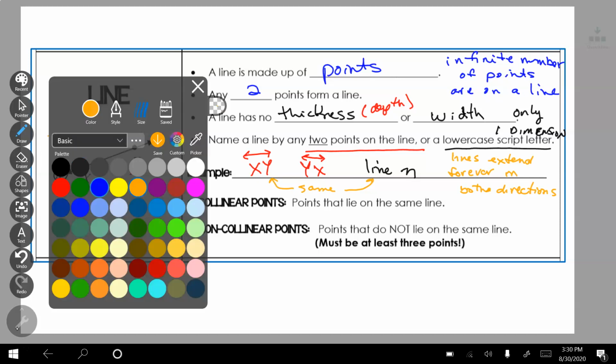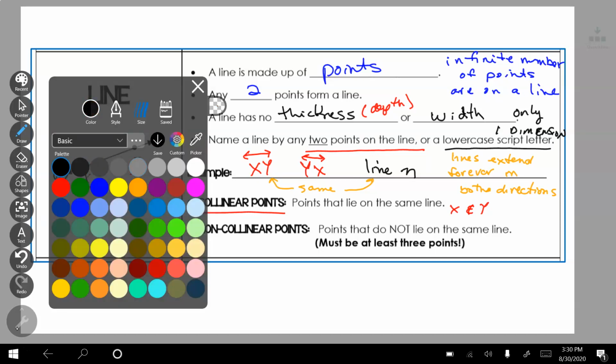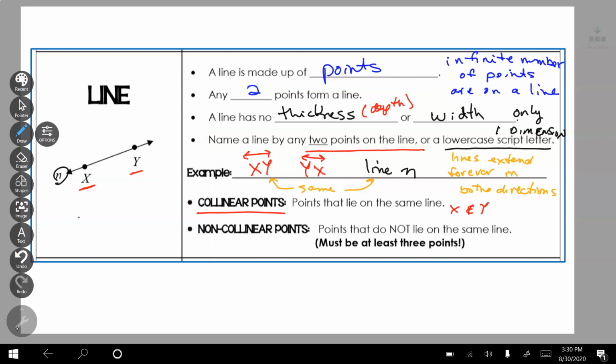Another special word, collinear: points that are on the same line. So points X and Y are collinear. If I do another line, let's call it WZ, I could call it line WZ like this.